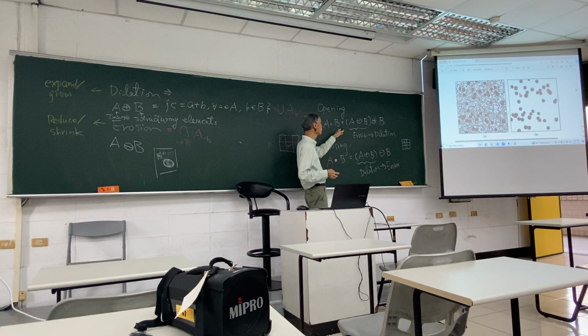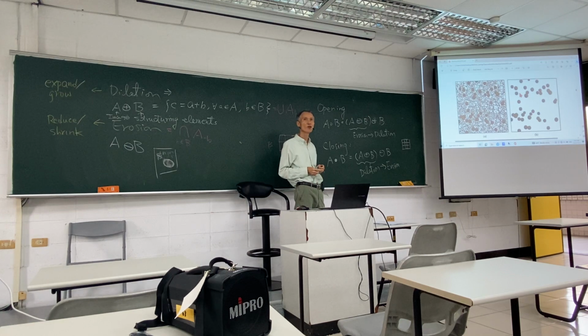Right, opening first. But you need some prior knowledge to design the structural element, how the structural element should look, so that you won't remove the circular object. So the B should be less than the size of the circular object.